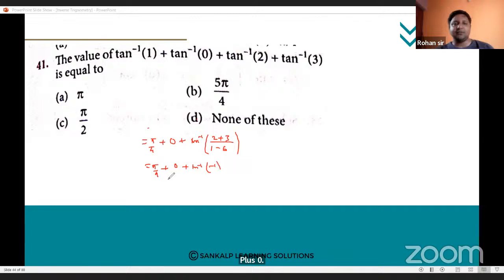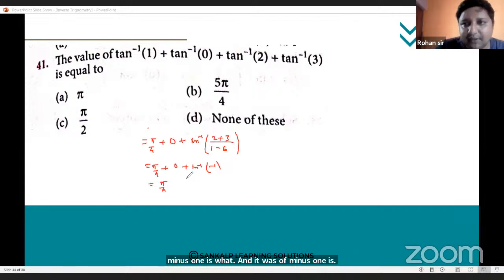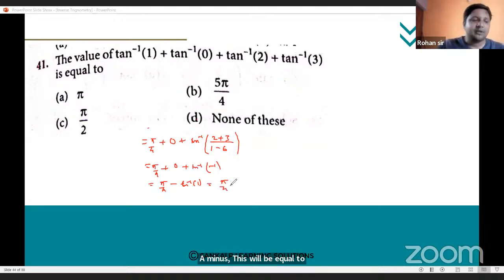That is tan inverse of minus 1. And tan inverse of minus 1 is what? In which quadrant is tan negative? So tan inverse of minus theta will be minus tan inverse theta, so this will be equal to minus pi by 4.